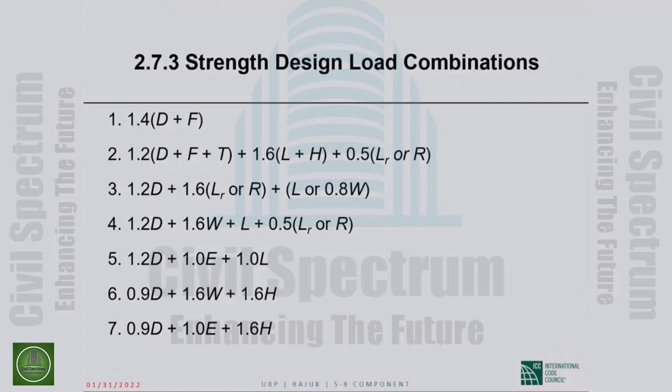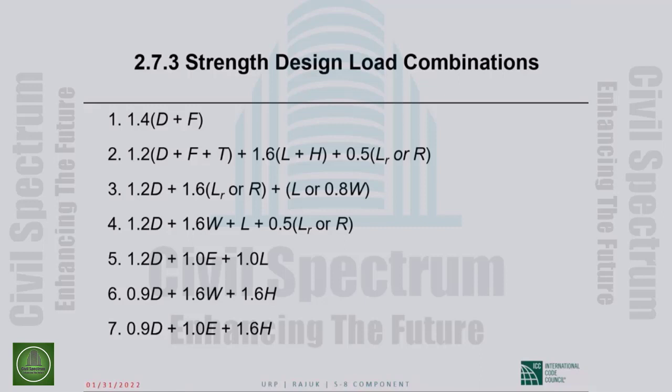Obviously, I'm paraphrasing. The code doesn't use that language, but what it says means exactly what I said. Okay. If it hurts, then the load factor on H is 1.6. If the 1.6 helps, then the load factor on H is 1.0, not 1.6. Let me explain.